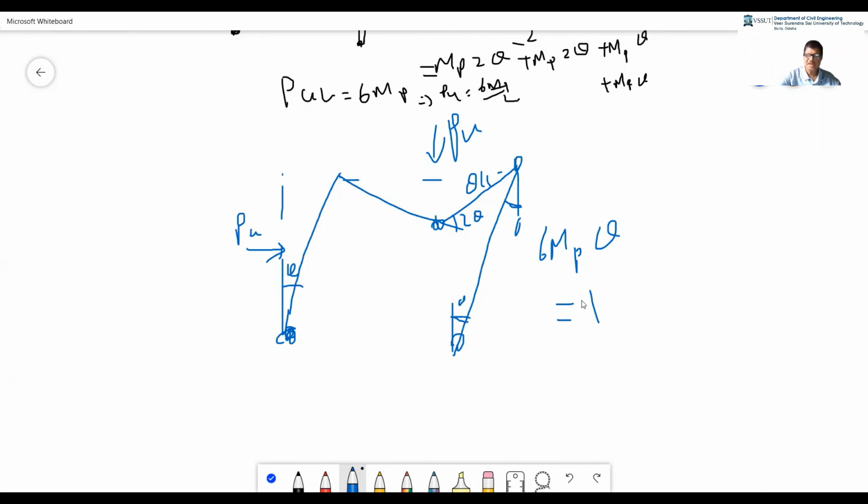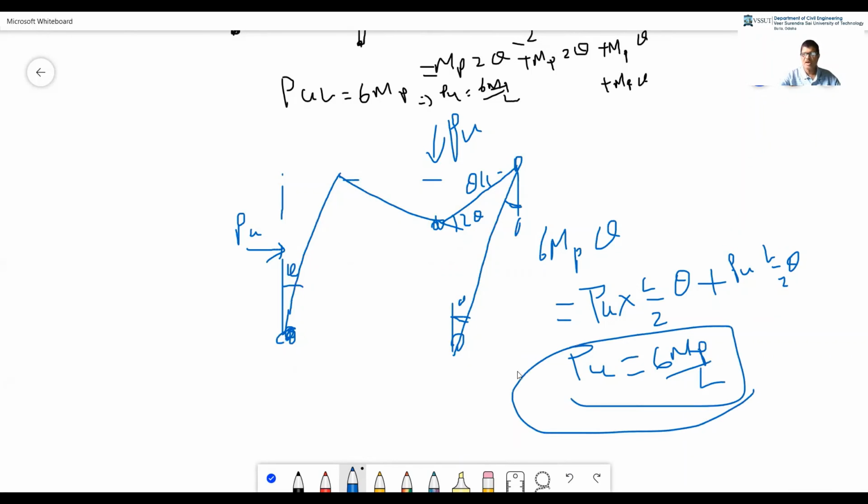That is equal to Pu. This delta is equal to L by 2 into theta, and that is equal to Pu into L by 2 into theta. Now if you solve it, you will find Pu comes 6 Mp by L. Last time we had not considered that. Now we have taken this. So in all cases, the least value comes 6 Mp by L.